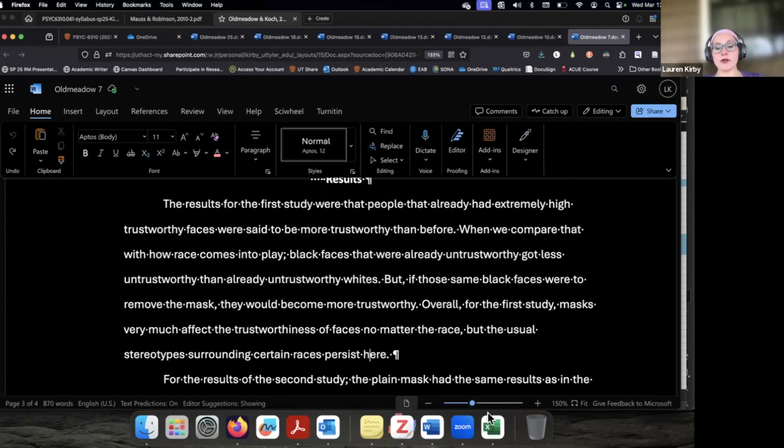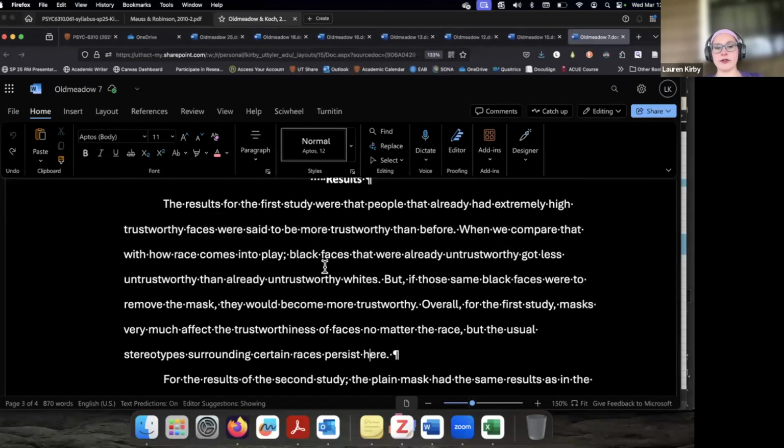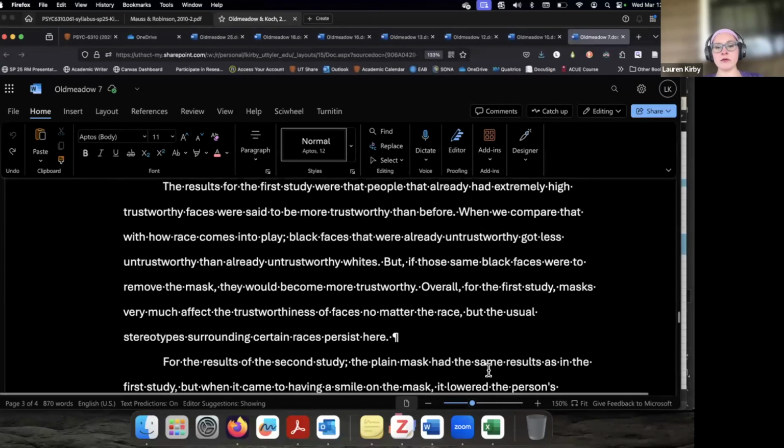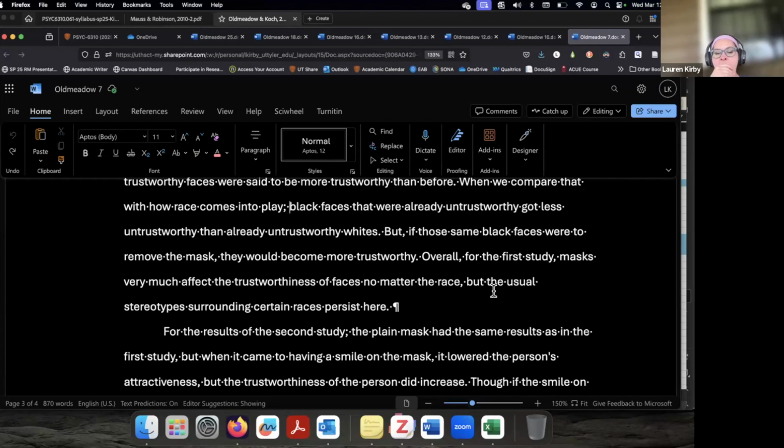But there are actually still a lot of great things about this first paper. I mean, background and intro are pretty solid. It's got great originality. Capitalize Black and White as races. That's an APA style guideline.